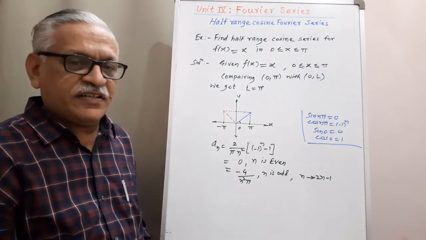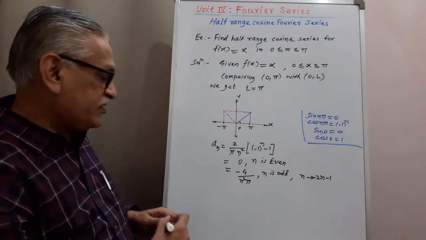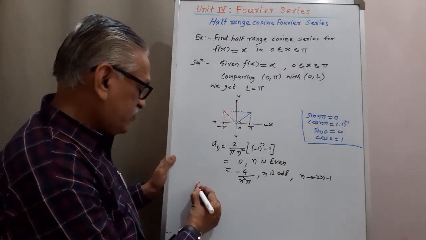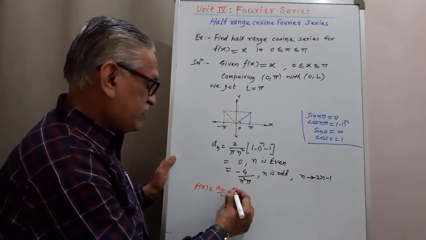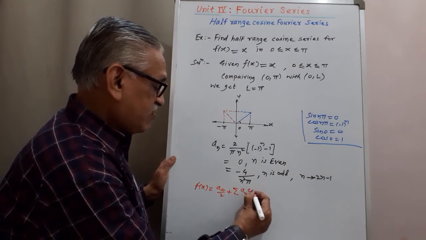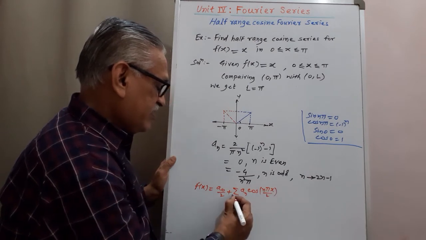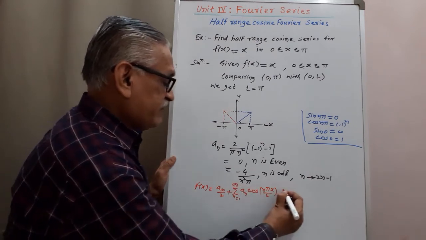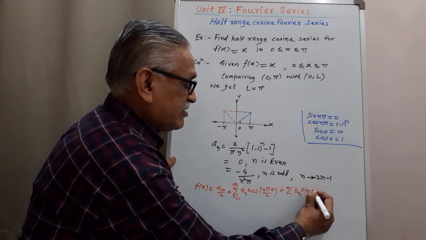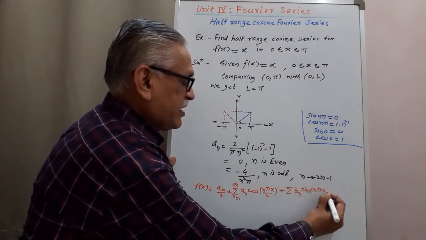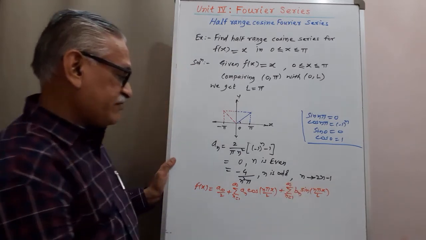While substituting it in that Fourier series result, we get that the Fourier series is given by f of x is equal to a0 by 2 plus summation of an cos n pi x by l, n changes from 1 to infinity, plus summation of bn sin n pi x by l, n changes from 1 to infinity.